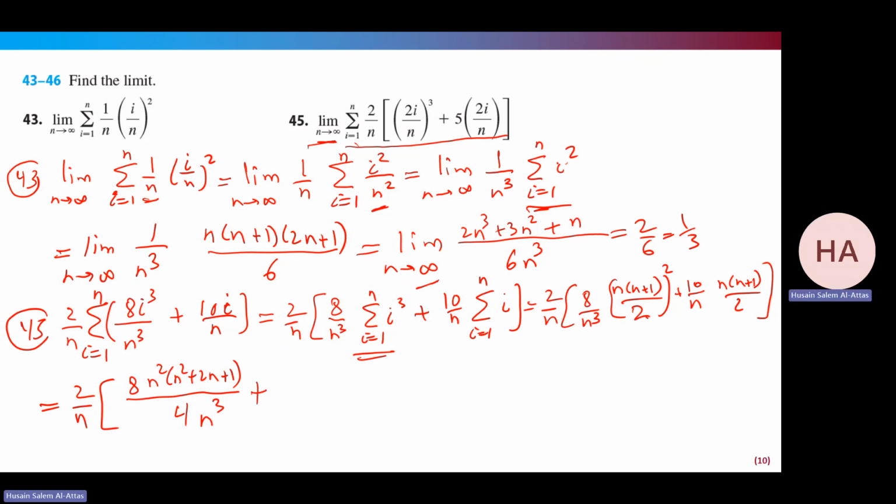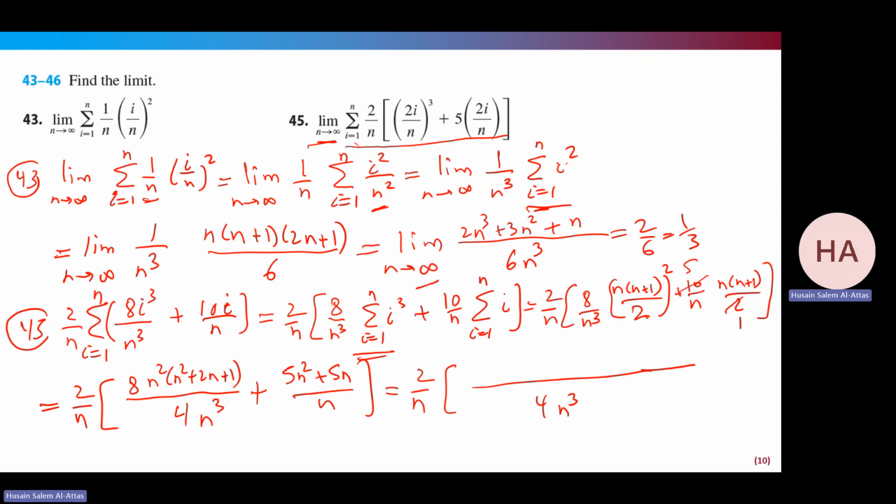Plus, this is 5n squared plus 5n over n. Correct? Yeah, n squared plus n, 10. Yeah, I can cancel 5. 5n squared plus 5n over n. Now I can take 2 over n. What is the common factor? It will be 4n cubed.